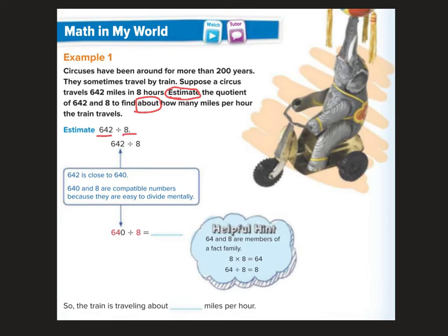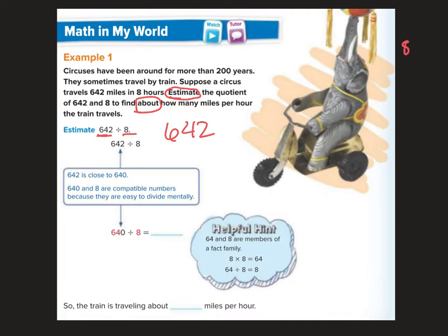Now listen, using what we talked about yesterday, we have to really dig in here, okay? So 642 divided by 8, I'm going to look at the first two digits, right? I'm looking at 642 and the 8, so I'm thinking multiples of 8.